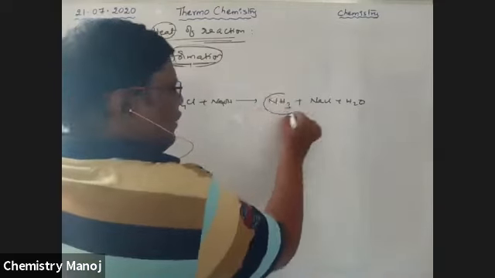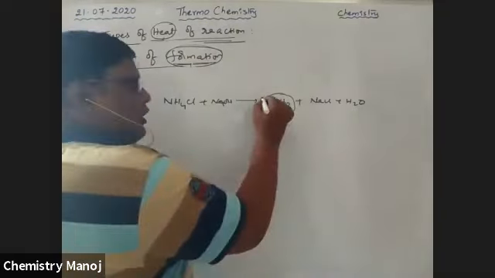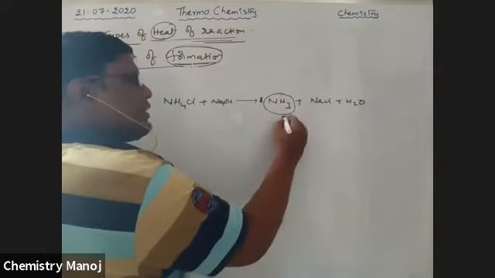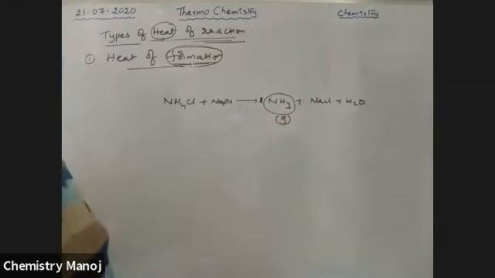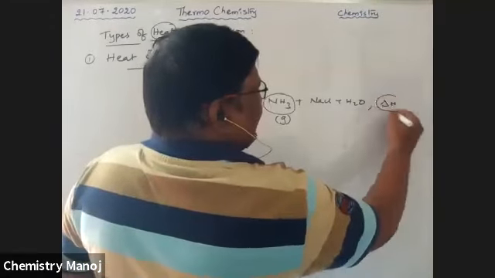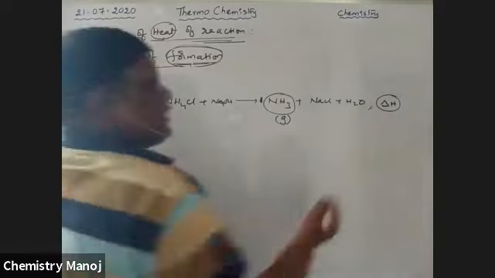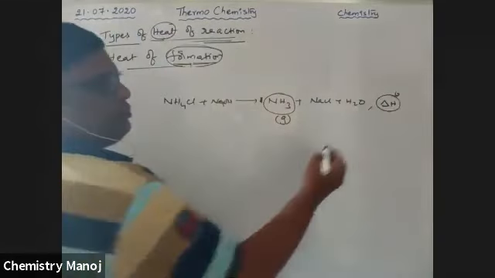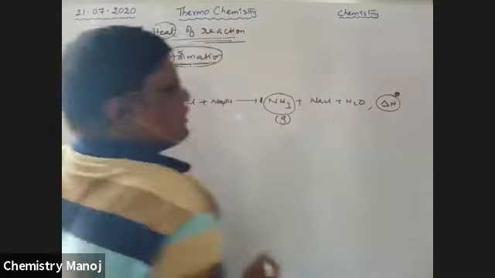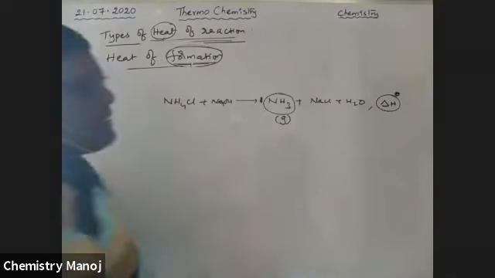Here also ammonia is formed. Only 1 mole of ammonia is formed here, in its standard state. Some heat energy may be released, which is called the delta H value. It is measured at standard conditions, delta H naught.